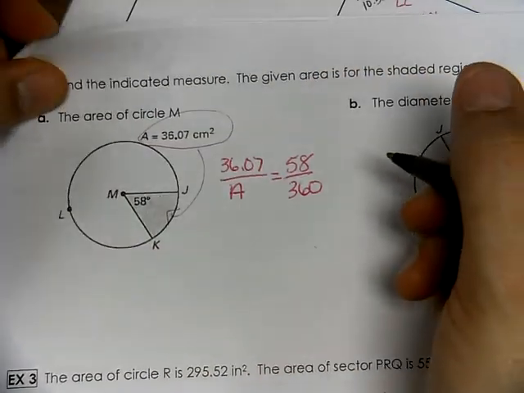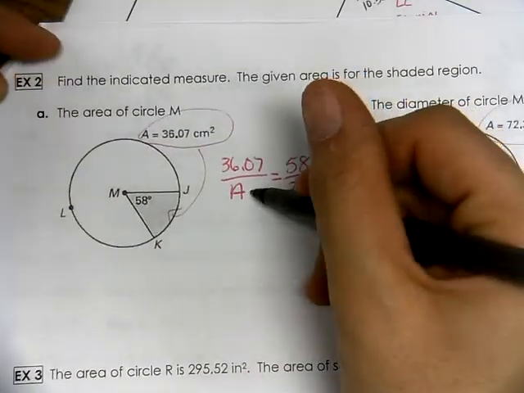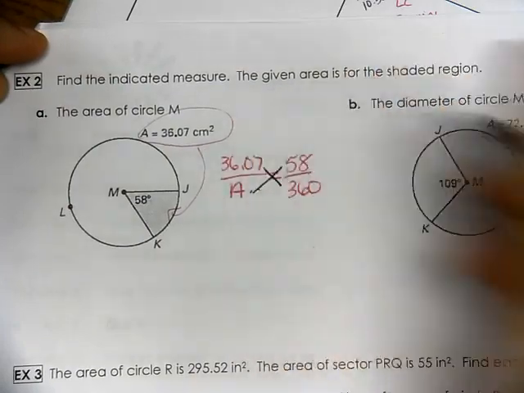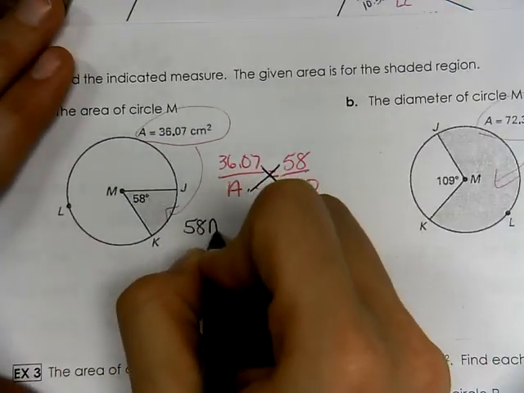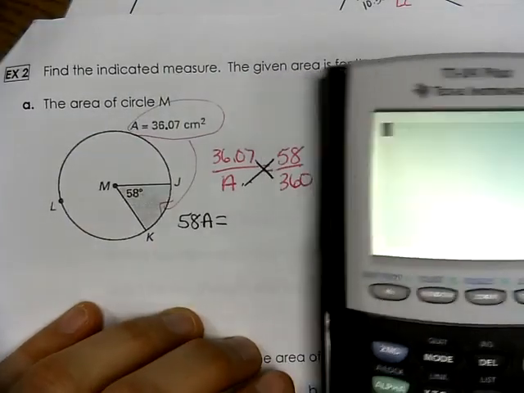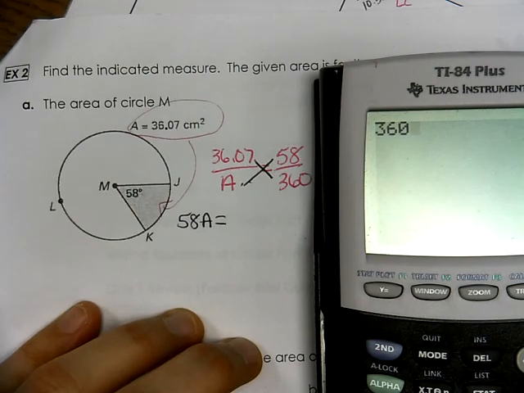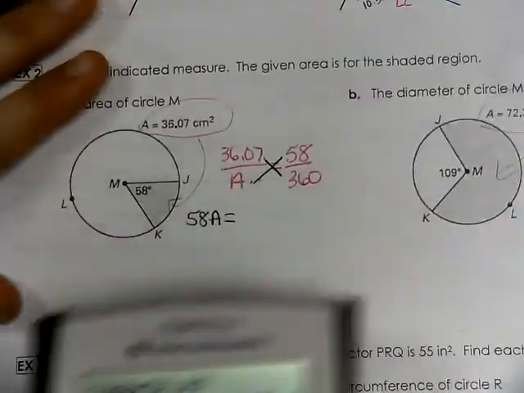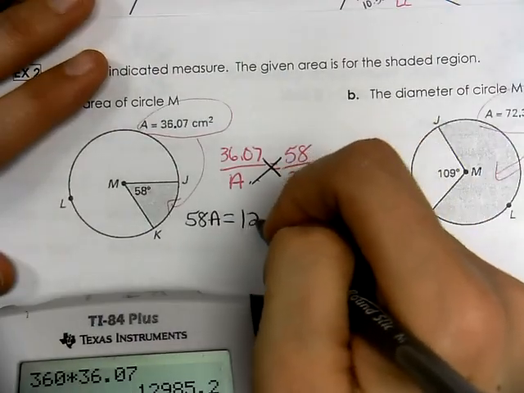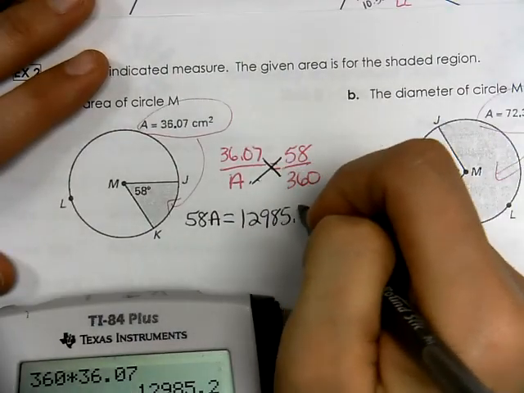So this one's not too bad because we're solving for the whole area of the whole circle. Cross multiply. 58A equals 12985.2.